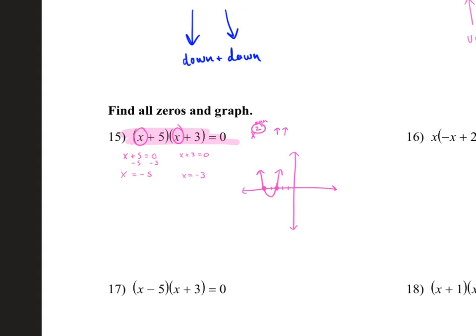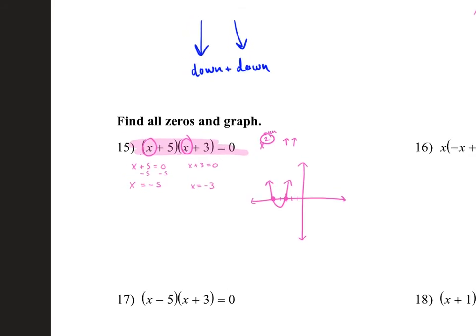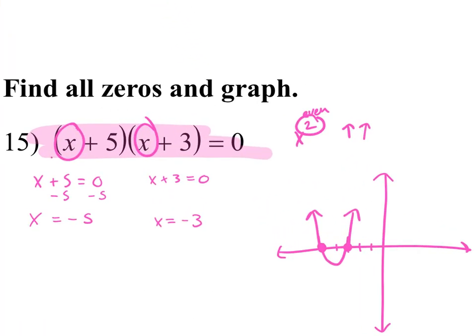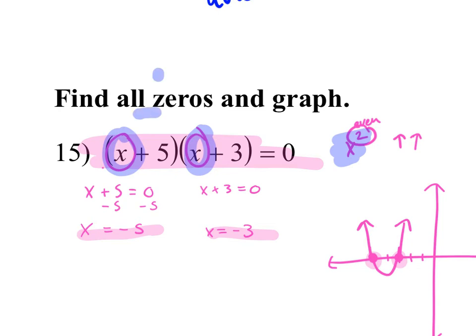Why is negative 3 up? So what makes it up and up, we just have to find what our zeros are, put those 2 points on our graph, and then we need to see how many x's we have in our original equation. So we said we have 2, and none of them have a negative sign, so it's a positive x squared. So we're just looking in our original equation, do any of them have a negative sign in front?